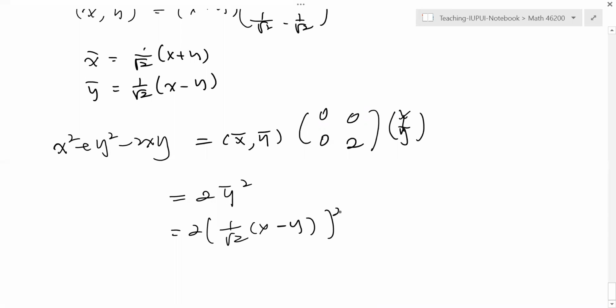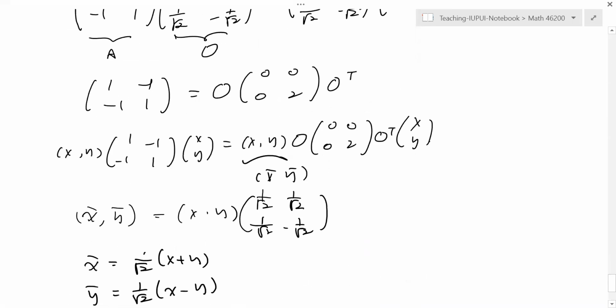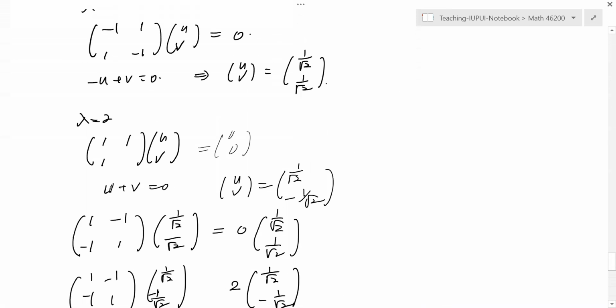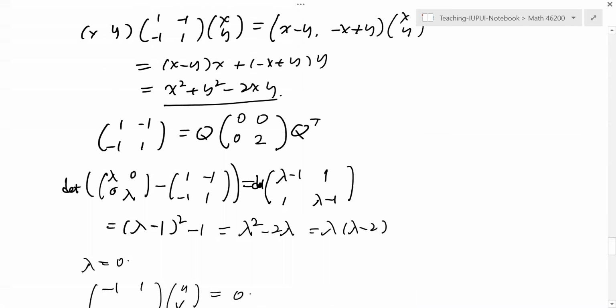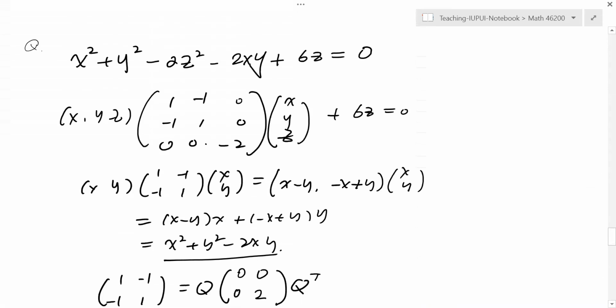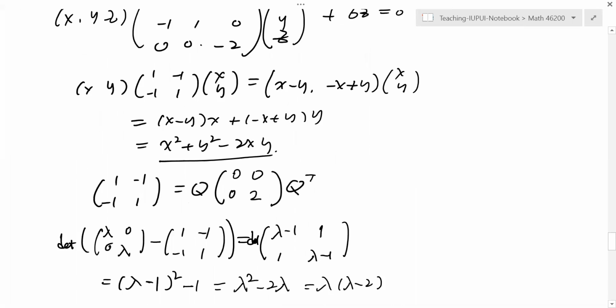So then there's no changing on the y variable. So the equation becomes 2yz bar. Okay.